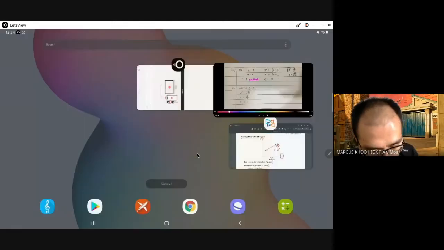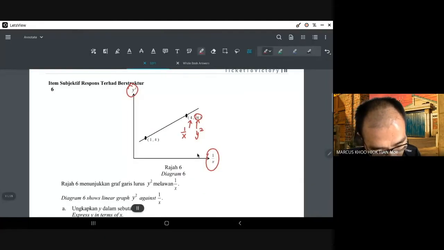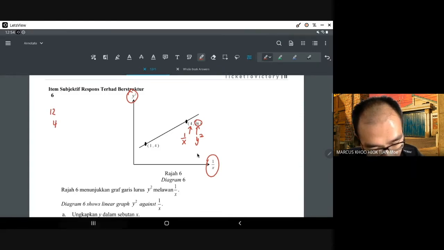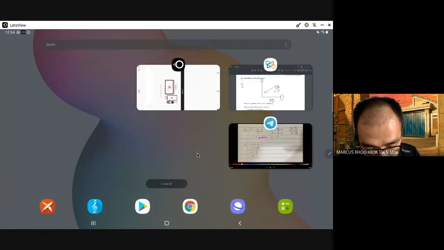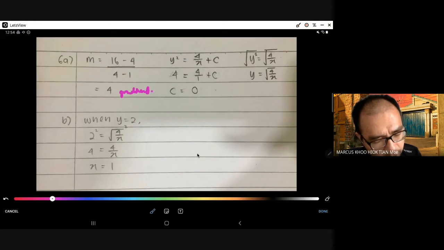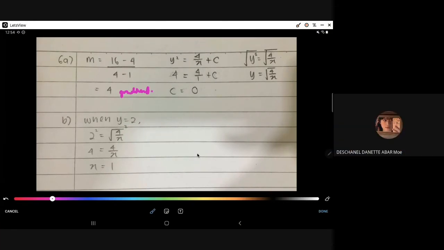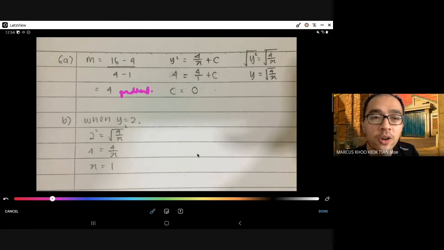One minute now, hold on. The gradient is 16 minus 4, 12 over 4. The gradient is 3. How do you get the gradient 4? 16 minus 4, 12 divided by 3. Oh, okay.